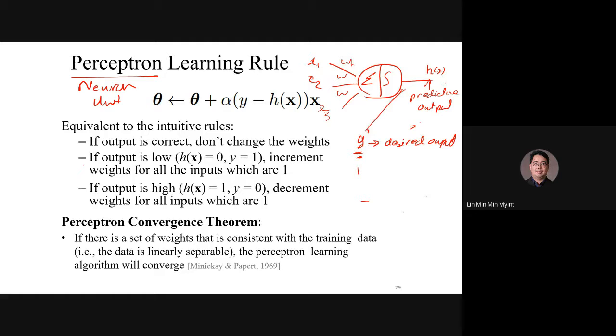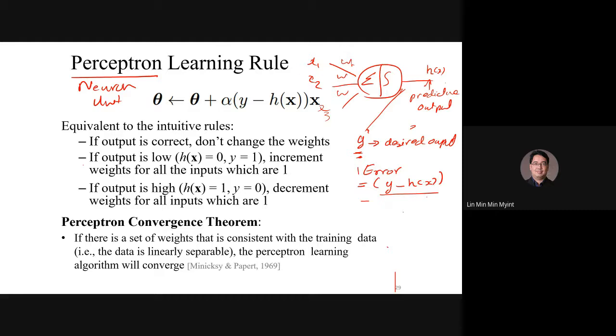So that is what we call the error. Y is our desired output, and this is the output of our model. We calculate this error. This perceptron learning rule is a very simple one.